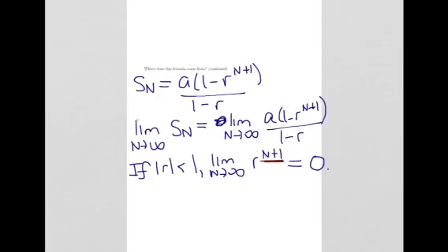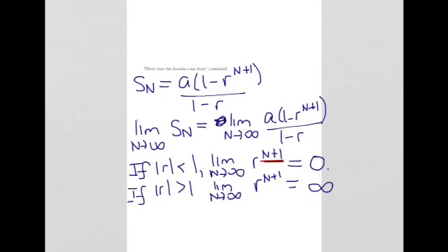But if r is greater than 1 and we take the limit as n goes to infinity, we would see that r to the n plus 1 is going to go to infinity, because r is a big number. It's bigger than 1, so you can think of this as a big positive number raised to an infinite power that's going to continue to get really large.